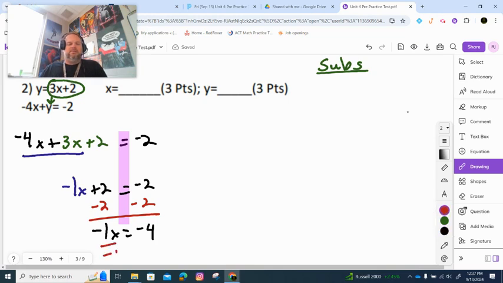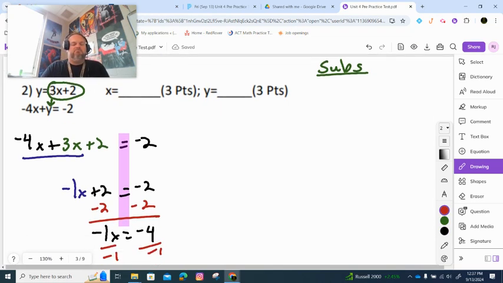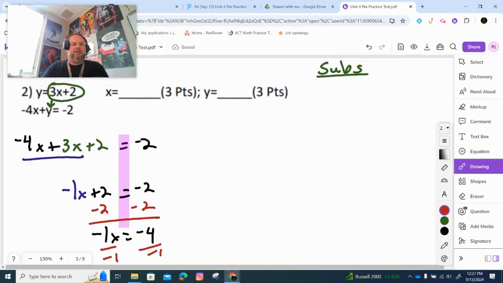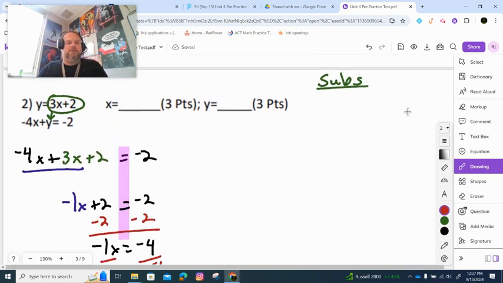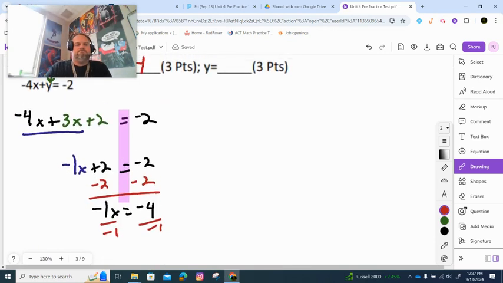That would be positive 4, right? That's negative, that's negative. Negative divided by negative is a positive.